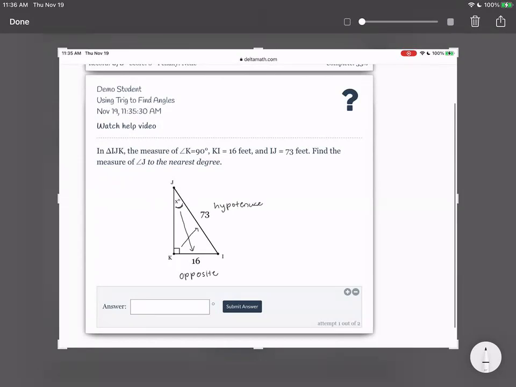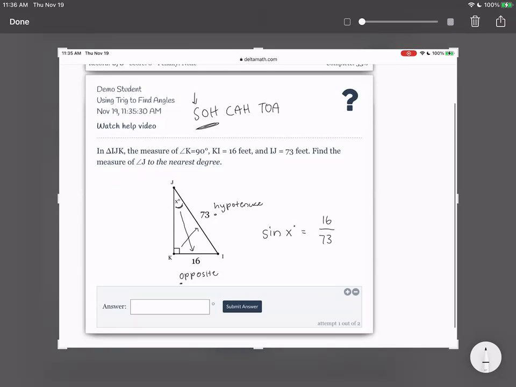So we have O and we have H out of the SOH, CAH, TOA. Which one has the O and the H? The SOH. So the S stands for sine. So sine of x degrees is equal to the O over H, the opposite over the hypotenuse. So 16 over 73.